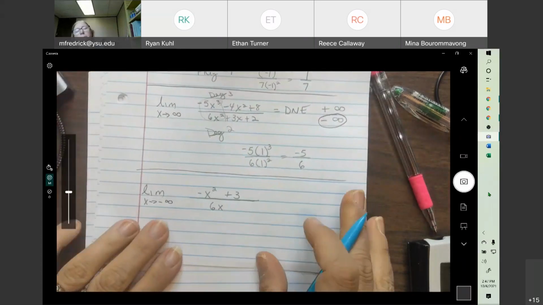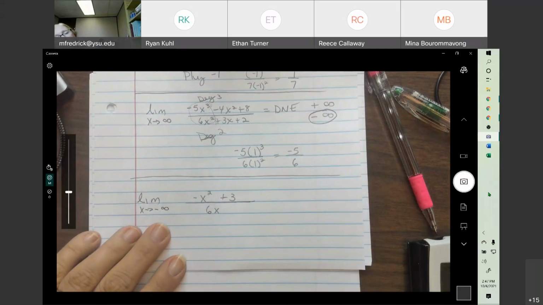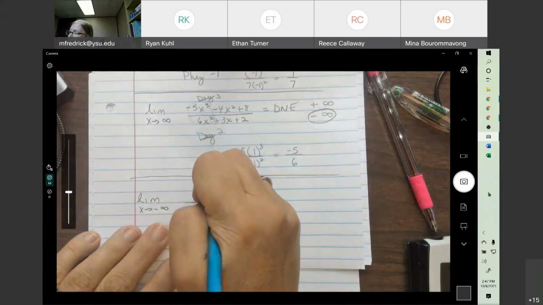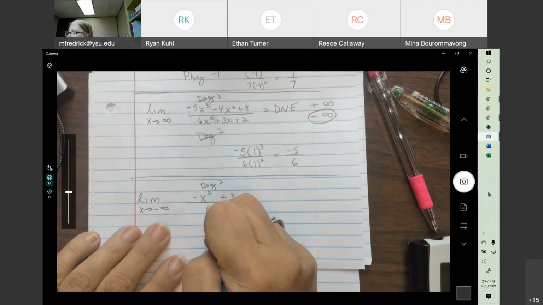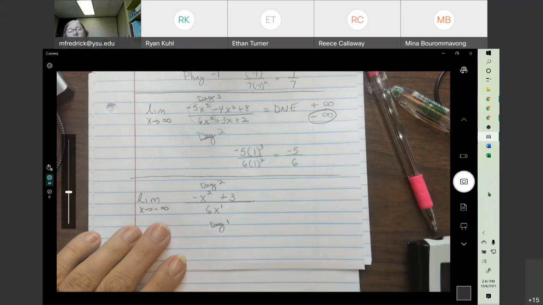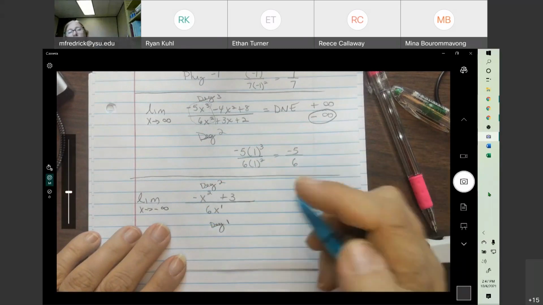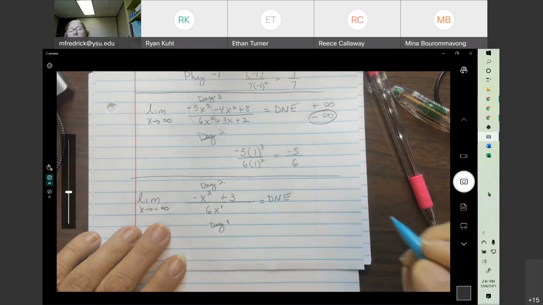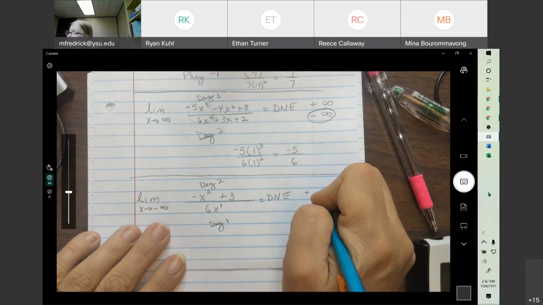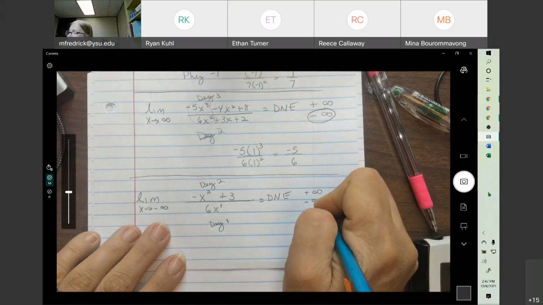Let's try this one. So first we do the degree. The degree on the top is 2. The degree on the bottom is 1. So the top is larger, which means my limit does not exist. I need to decide if it's positive infinity or negative infinity.